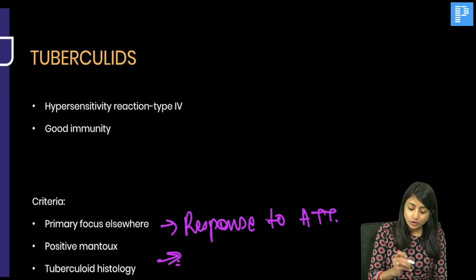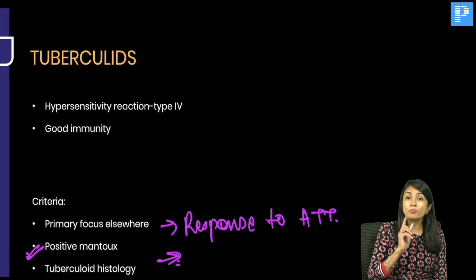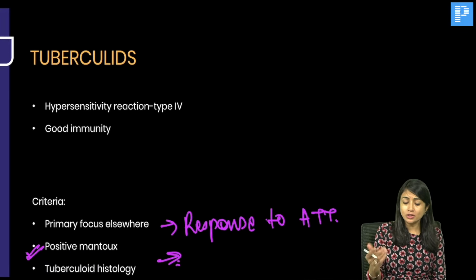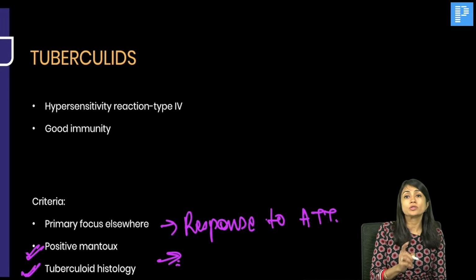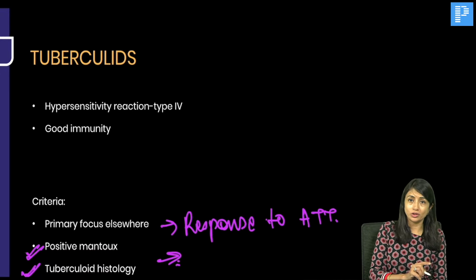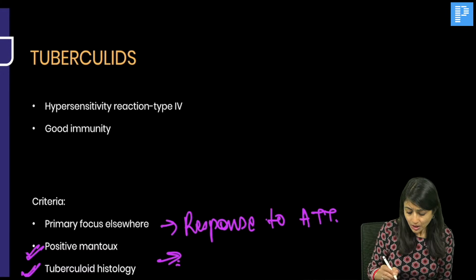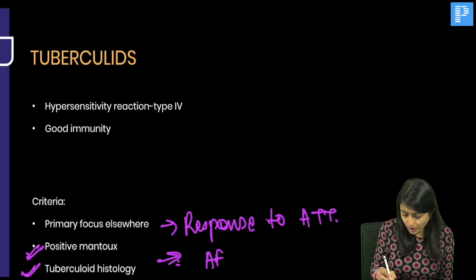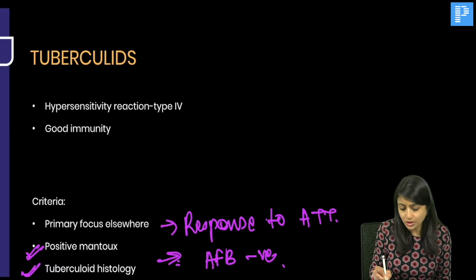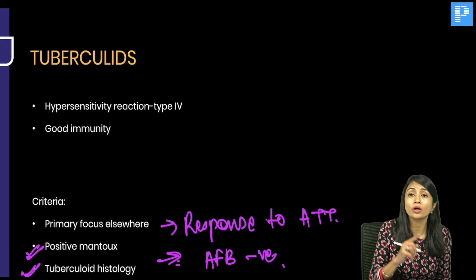So patient has good immunity. So my Mantoux would be positive. And then it leads to hypersensitivity reaction somewhere else, which if you biopsy, you see a positive tuberculoid histology. And if you give ATT to the patient, patient improves. Here, if you do AFB or anything, that would be negative because it's a hypersensitivity reaction, not a direct infection.